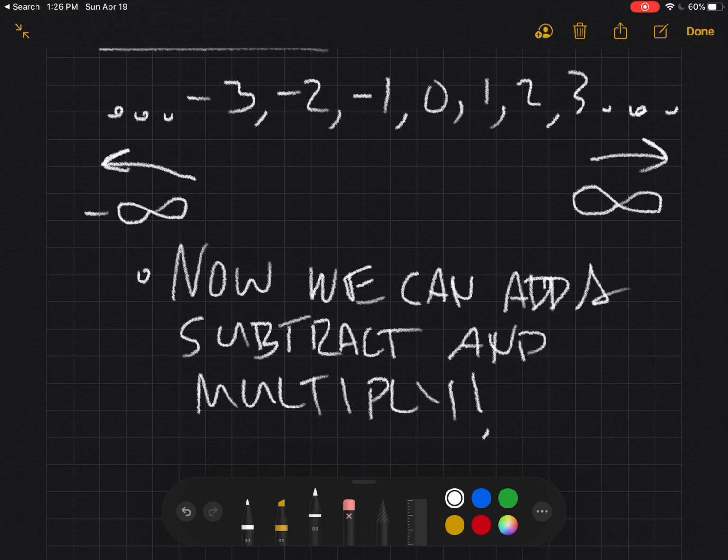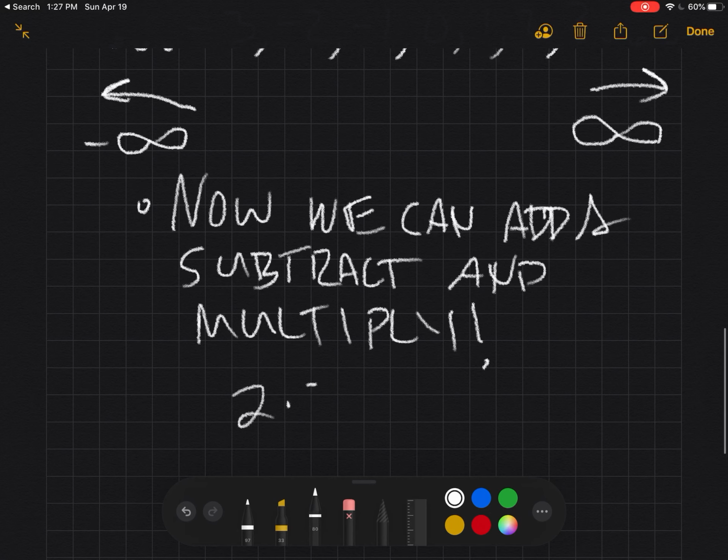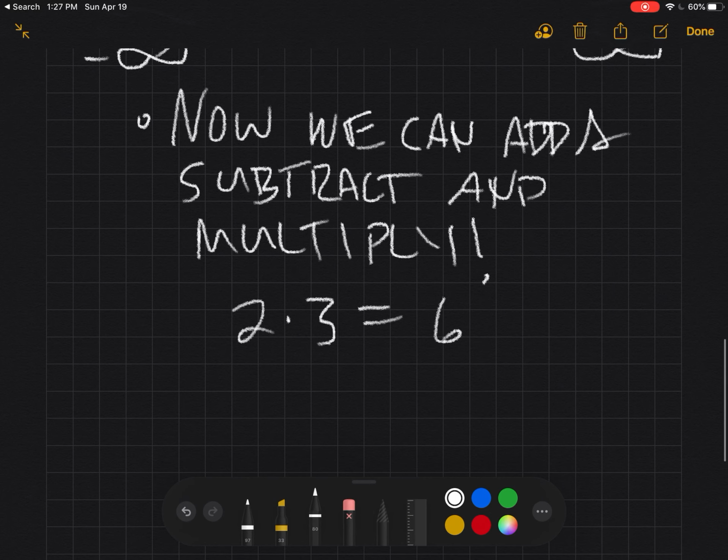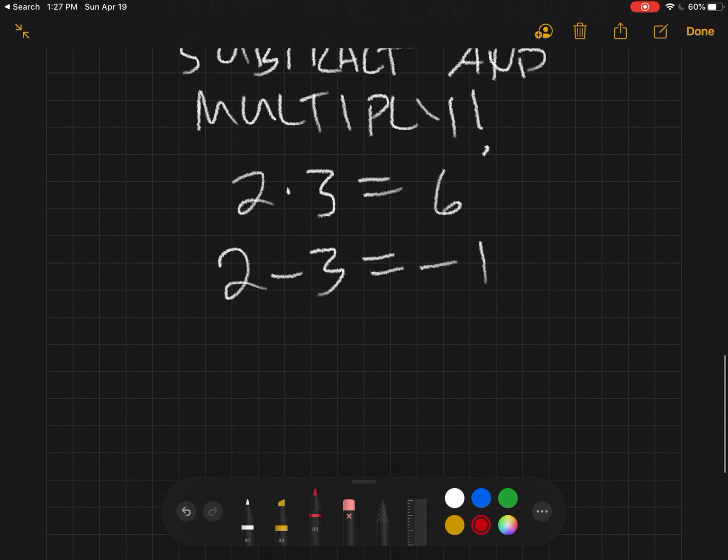So now we can add and subtract. We can even multiply. If I take 2 times 3, gives me 6. Now I can take 2 subtract 3, that gives me -1, no problem.